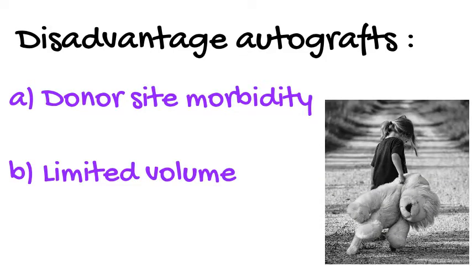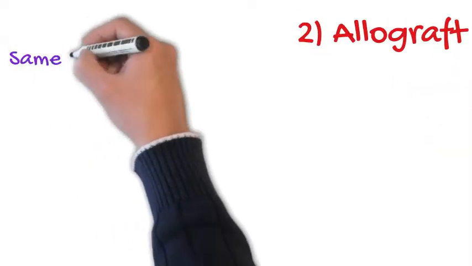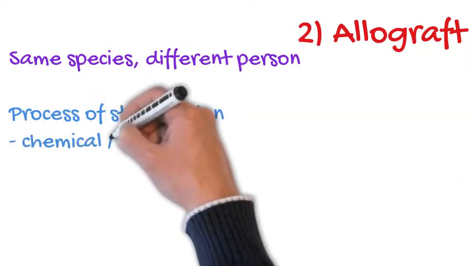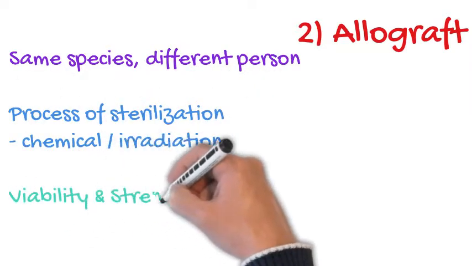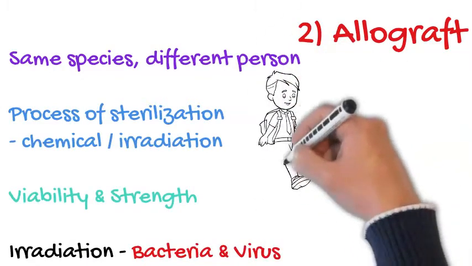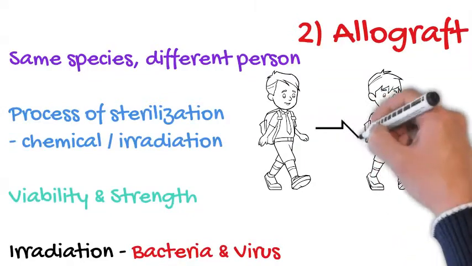2. Allograft. Allograft is taken from the same species but a different person or individual, usually from a cadaveric donor. The process of sterilization of allograft bone with chemical or irradiation will reduce the viability and strength of the graft.